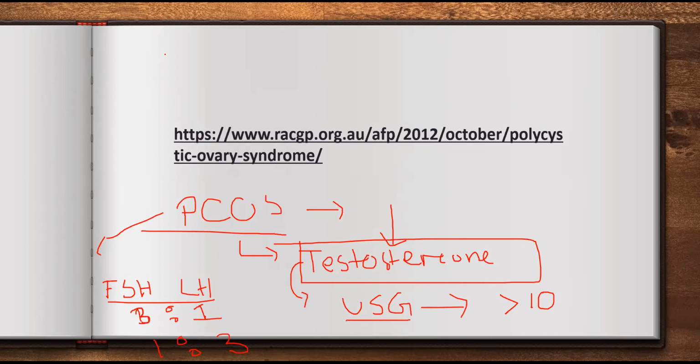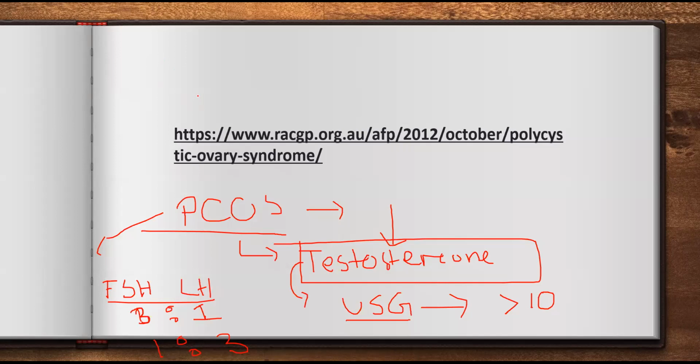And let's say a patient having subfertility with PCOS. How would you treat this patient? Yes, clomiphene citrate is the best treatment for that particular patient. Let's say clomiphene is not there.